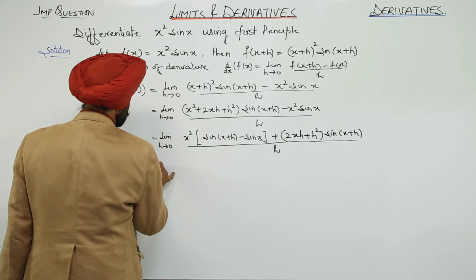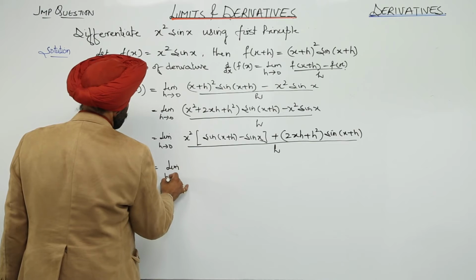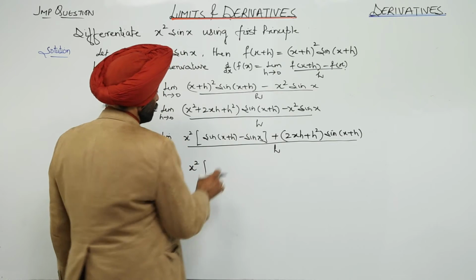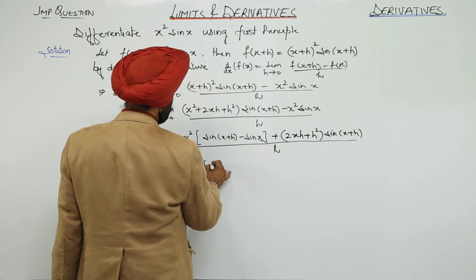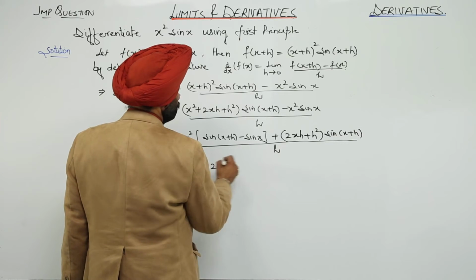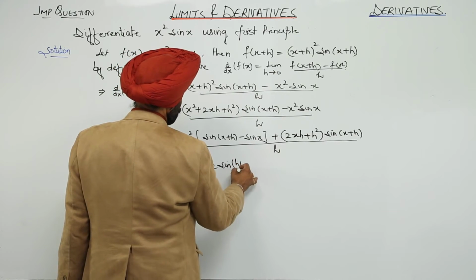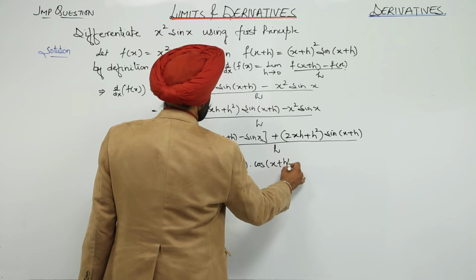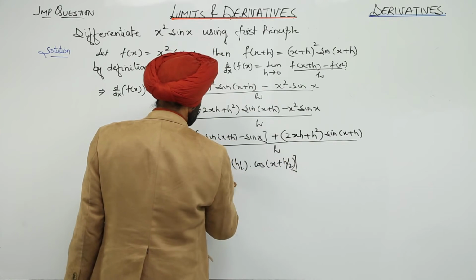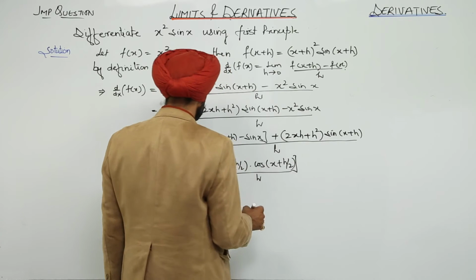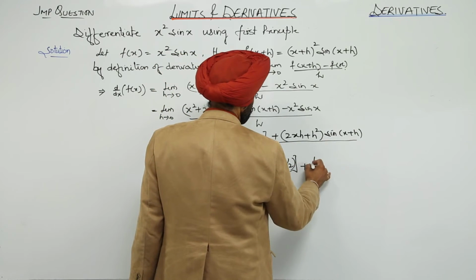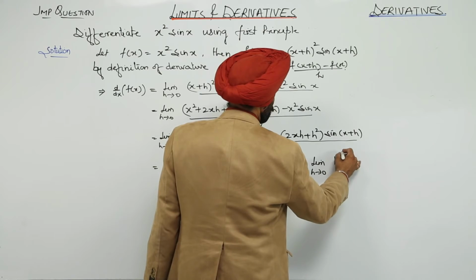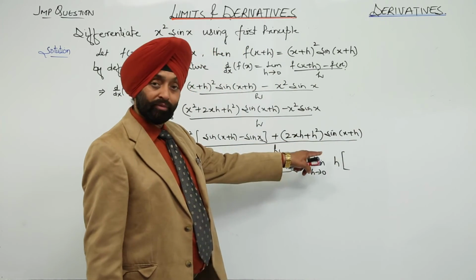Okay. Now limit h approaches to 0 x square with, now here we are going to use sin C minus sin D, this becomes 2 sin h by 2 into cos x plus h by 2 upon h, plus limit h approaches to 0, h common from these two, I have taken h common.